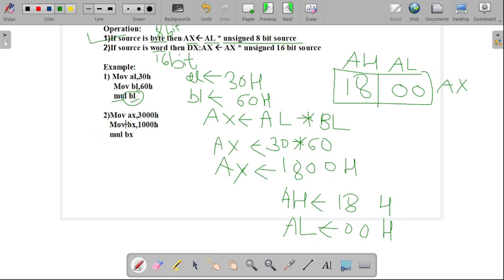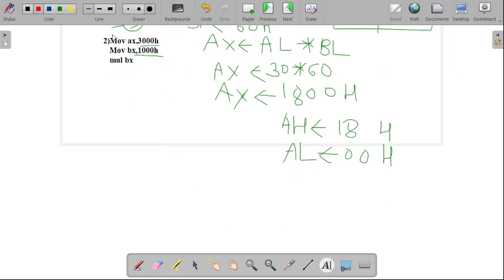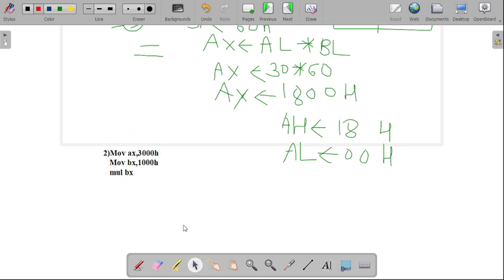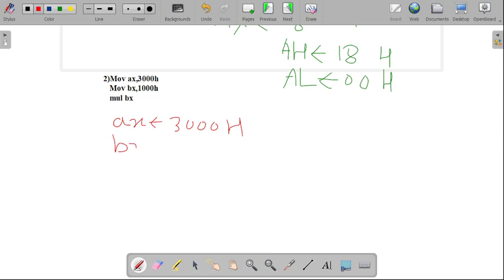Now the second example is MOV AX, 3000H and MOV BX, 1000H. After performing this operation, how will the values be stored? Check here, our value of AX will be 3000H and our value of BX will be 1000H, because we are performing the MOV instruction.